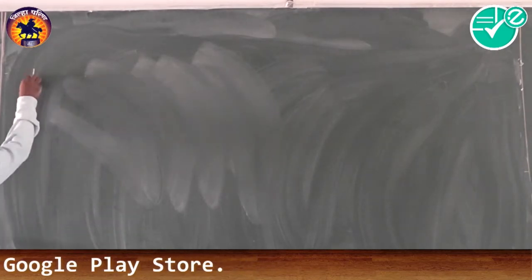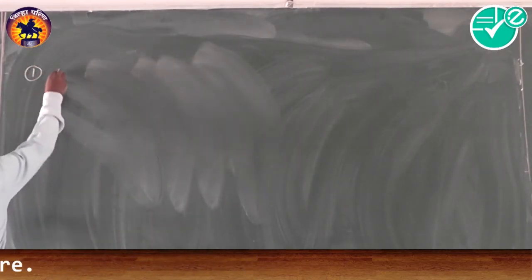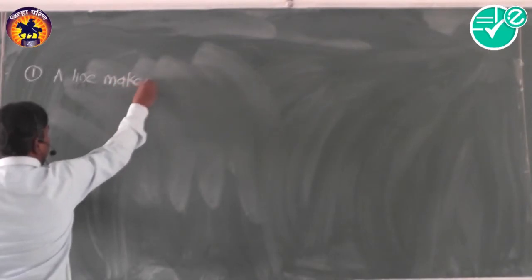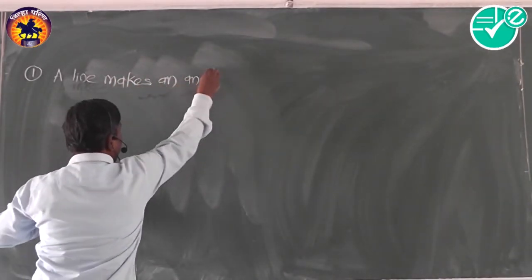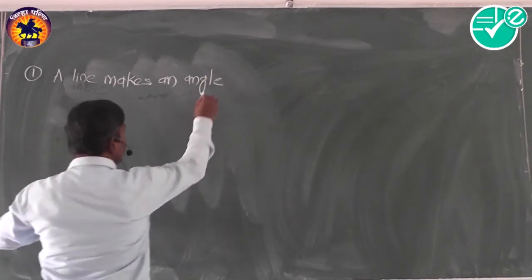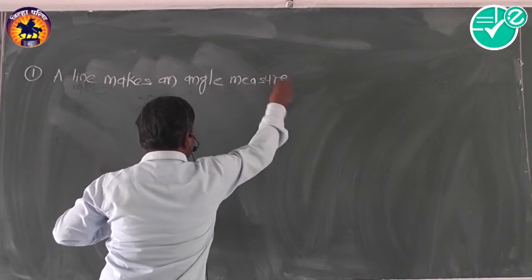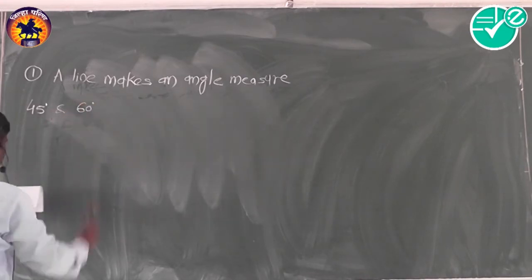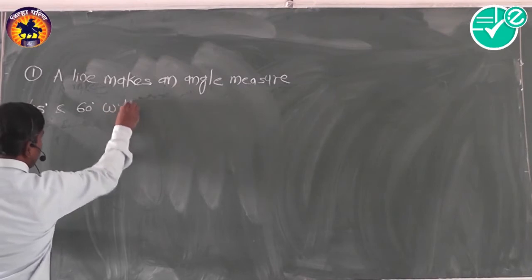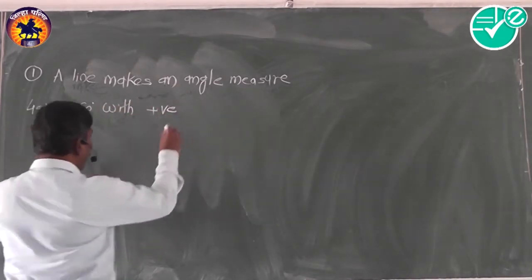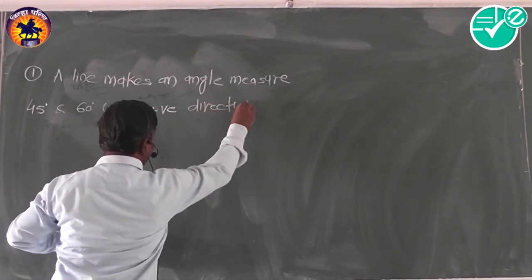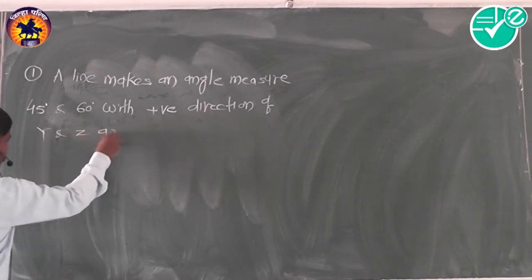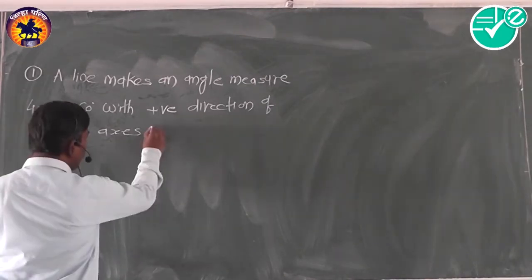I will write it here. Example 1. A line makes an angle measure of 45 degree and 60 degree with the positive direction of the y and z axis, respectively.